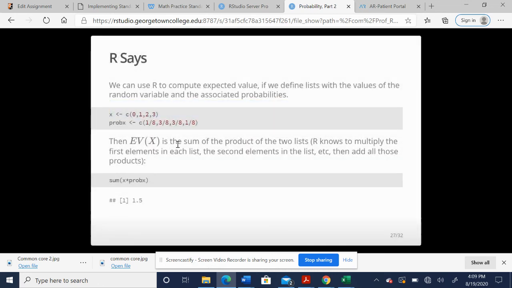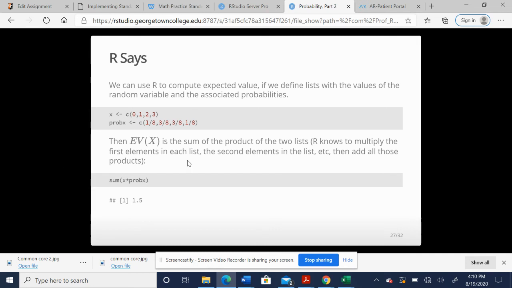So let's look at this. How would RStudio do it? You can put this into R by making a list of your random variables. In this case, it was 0, 1, 2, 3. And anytime we're making a list in R, you'll see us use that little c. You also can store a list of the probabilities of each of those outcomes. 0 was 1/8, 1 was 3/8, 2 was 3/8, 3 was 1/8.